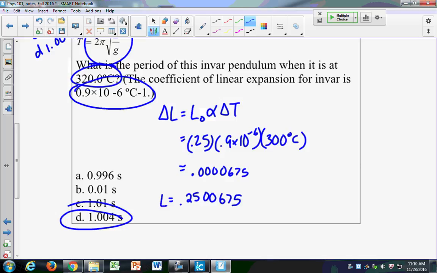Okay? You're going to have a problem where you just have to figure out how much this thing increases in length when it has a change in temperature. There are some homework questions like this, and then, of course, you can look at the old test too and practice it, but it'll look something similar to this. Maybe not a pendulum in a clock, but something similar.